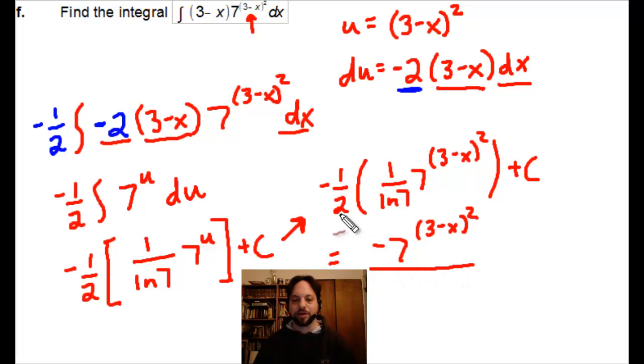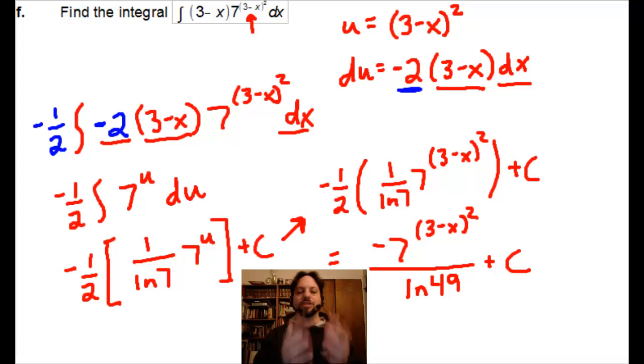In the denominator, I'll have 2 natural log of 7, and 2 natural log of 7, of course, I can turn that, if I want to, into the natural log of 49. So there is my final answer. Again, if this were a multiple choice problem, that right there would probably be one of the choices. Don't forget that 2 natural log of 7, I can take that 2 and move it up as an exponent, and that's where I get my 49.